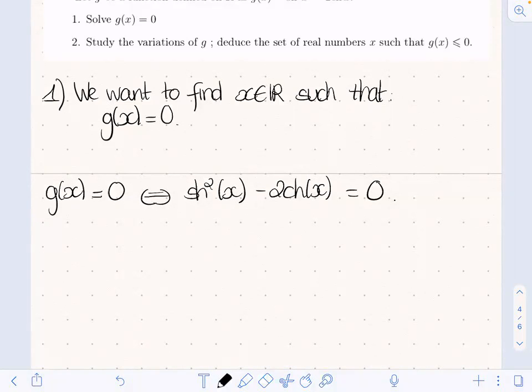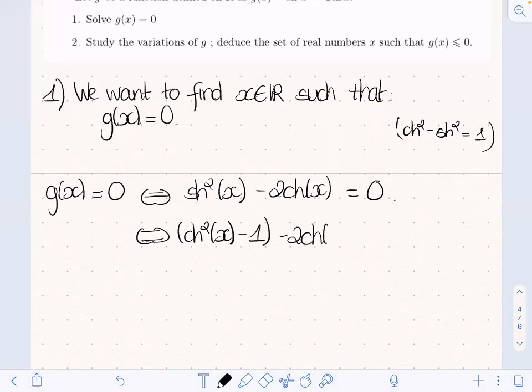If I write it on a corner of the notes, you know that CH squared minus SH squared is equal to 1. So what that tells us is that SH squared is going to be CH squared minus 1. So CH squared of x minus 1 minus 2CH of x is equal to 0.